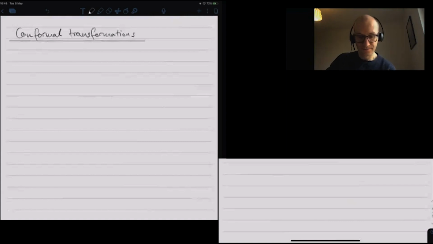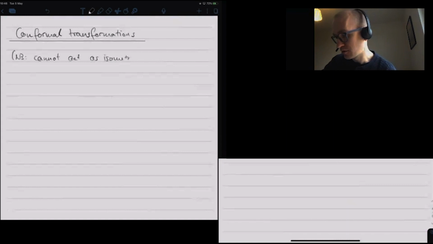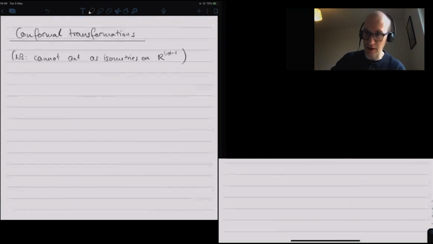Let's make this note, which I said in words: these cannot act as isometries on R^{1,D-1}. R^{1,3} would be one example, but we're going to work in D dimensions for generality.